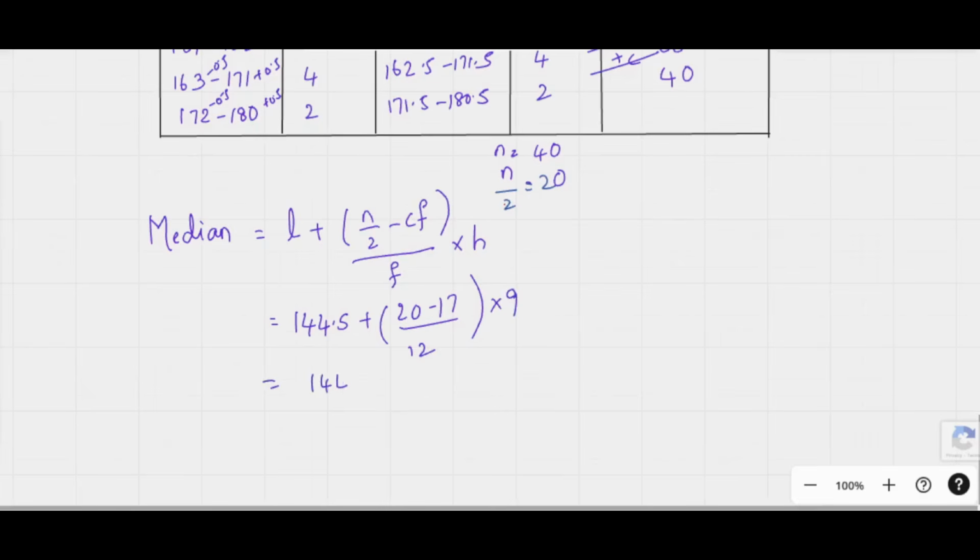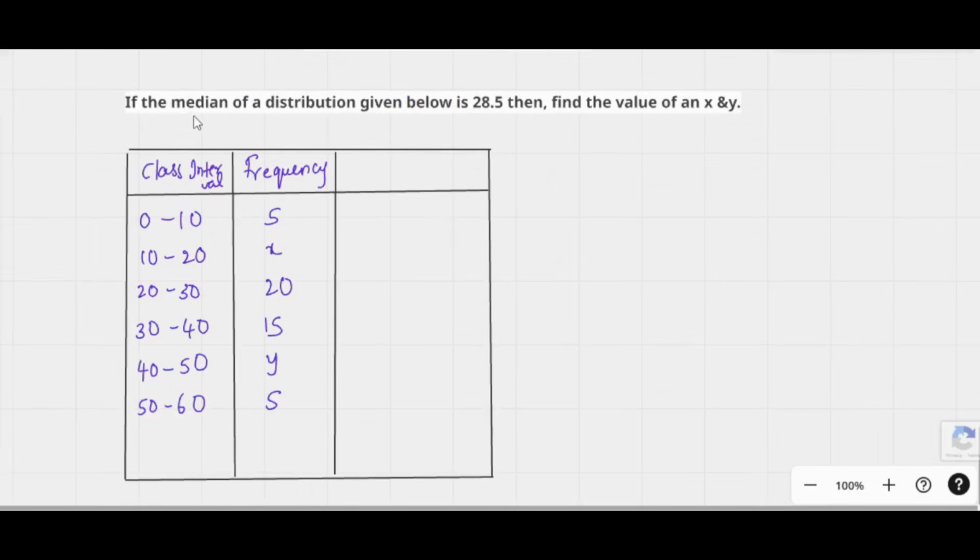So 144.5 plus 3 by 12 into 9. 3 3s are 9, 3 4s are 12. That equals 144.5 plus 9 by 4, which is 2.25. So it will become 146.75, our median.